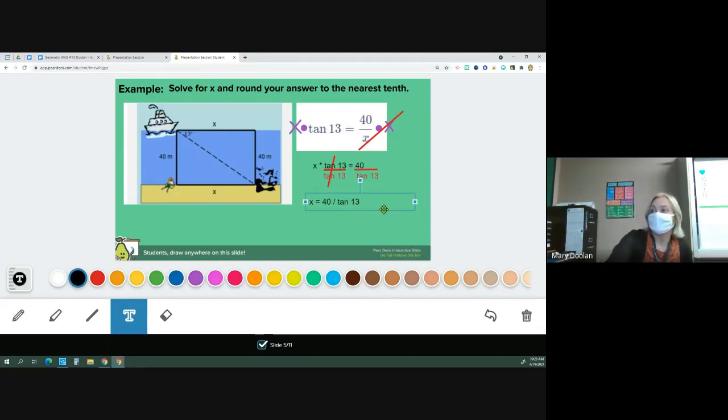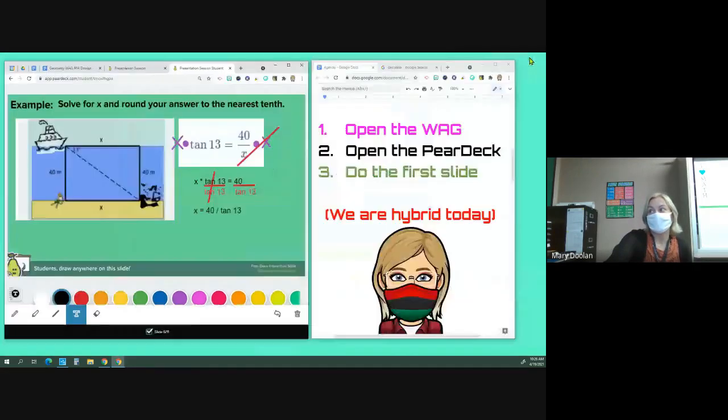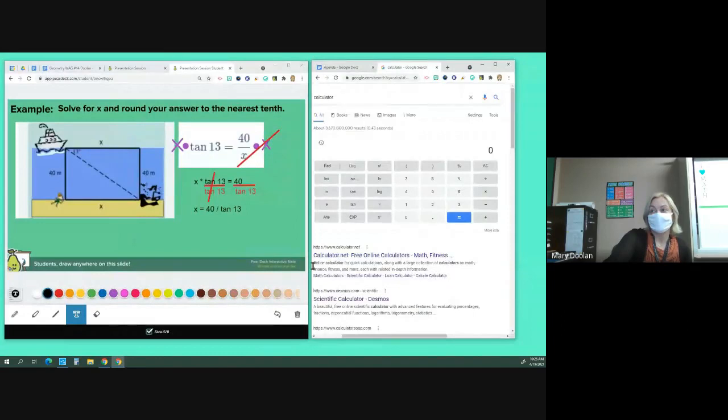And now to evaluate that, which is just some numerical value, I'm going to use a calculator. I have been showing you guys with the Google calculator how to do this. You can do this with any calculator, but all calculators are slightly different, so the way that you go about getting the correct answer might be a little bit different.